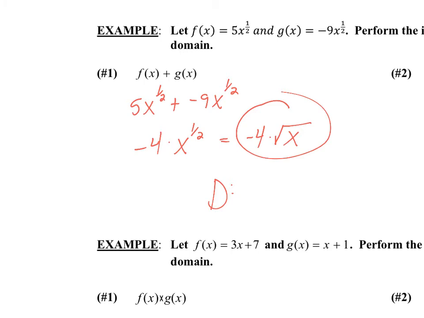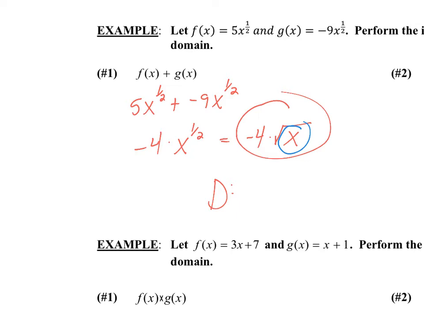Now let's find the domain. First thing is look for, is there a fraction? There's not a fraction, it's just negative 4 times square root of x. The second thing is there an even radical? There is an even radical. So the even radical has an x inside. So inside, we know that it cannot be negative.